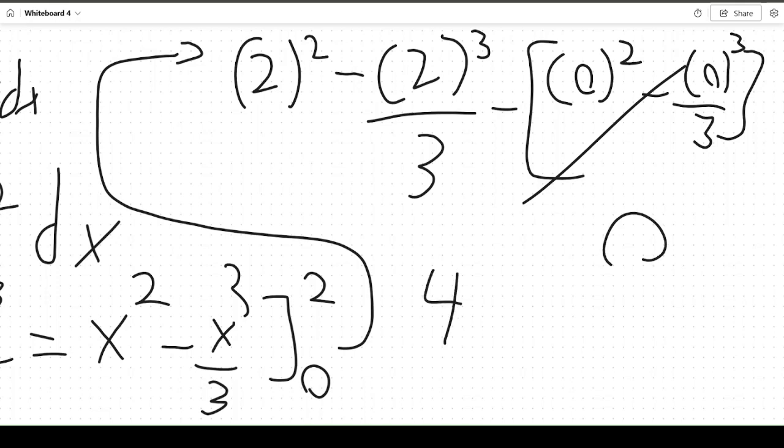And we are left with 4 minus 2 to the third power, that will be 8 over 3.